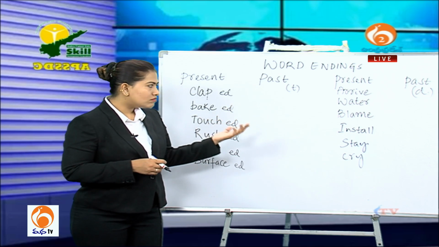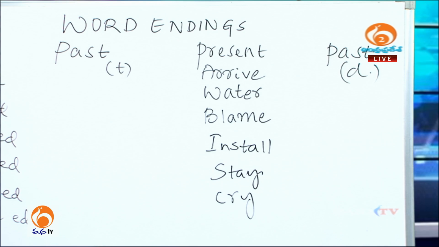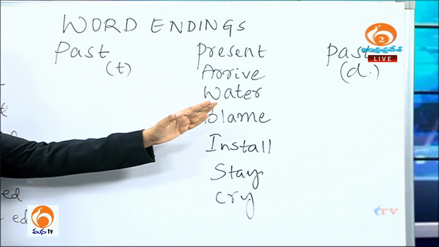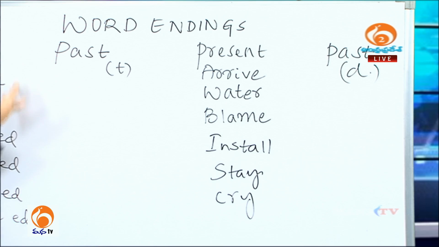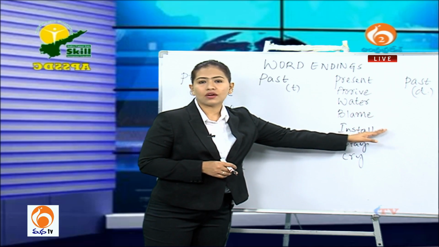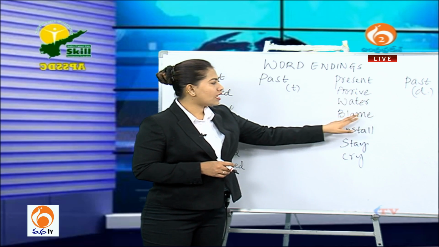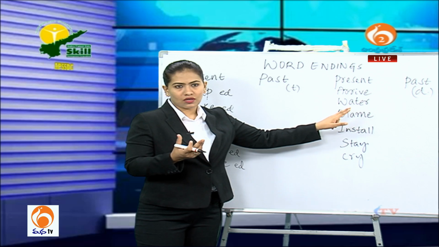When I add the ed form to it, it will turn into the past tense, that is an action which is completed. So let's look at these words and learn the pronunciation together. Arrive would become arrived. It takes the d sound. Now this set of words takes the t sound and that set of words takes the d sound because these words end with a vibrating sound or a voiced consonant sound.